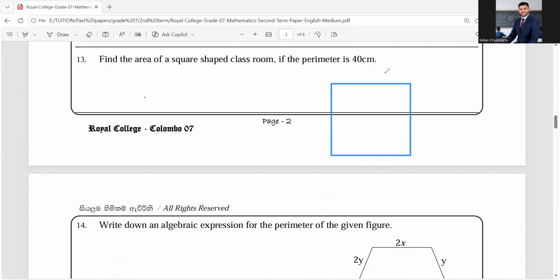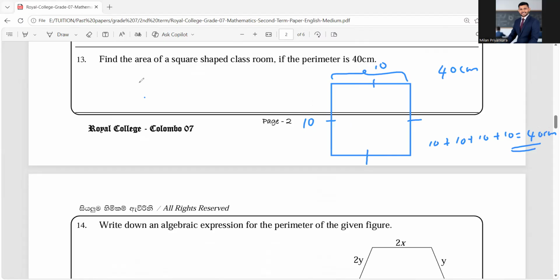That means when you add up all the sides, you get the perimeter, which is 40 centimeters. Then what is the side length? The side length must be 10, because 10 plus 10 plus 10 plus 10 equals 40 centimeters, right? Therefore, length is 10.